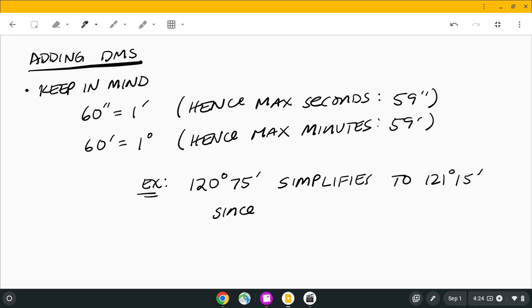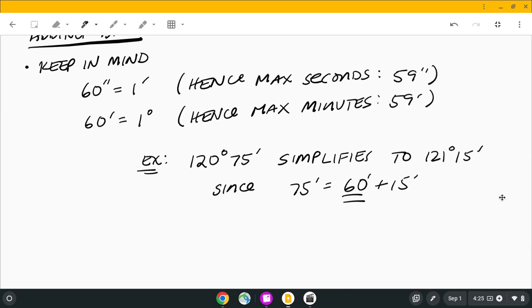It's because 75 is equal to 60 plus 15. And we already know that 60 minutes is 1 degree, so that carries over to the degrees, and we have 15 minutes left. Does that make sense?